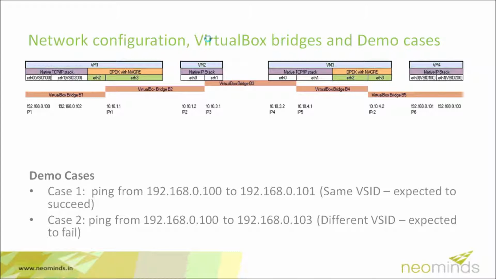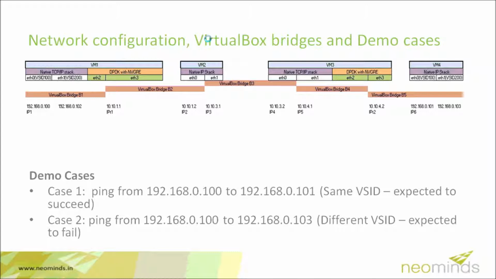Same way, VM2 has two interfaces, ETH0 and ETH1. There is no DPDK running on VM2, so both ETH0 and ETH1 are bound to the native IP stack. VM3 has four interfaces, ETH0, ETH1 bound to the native TCP/IP stack, and ETH2 and ETH3 bound to the DPDK.